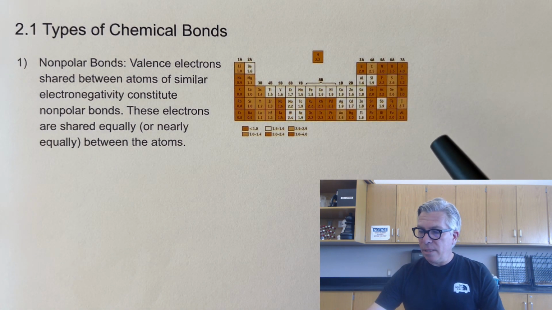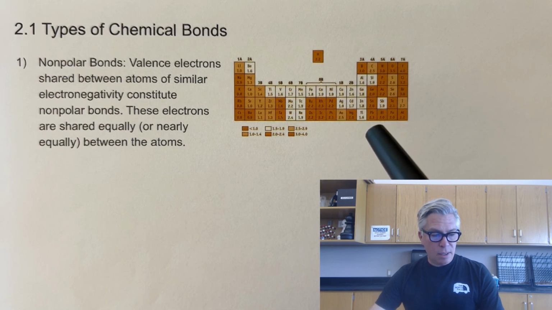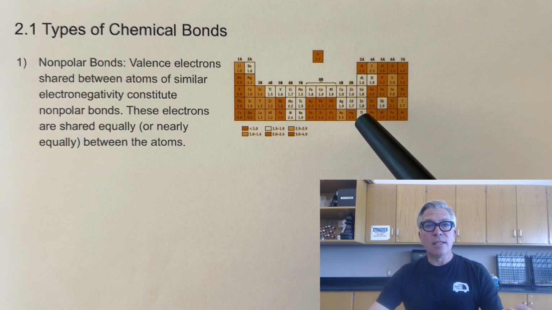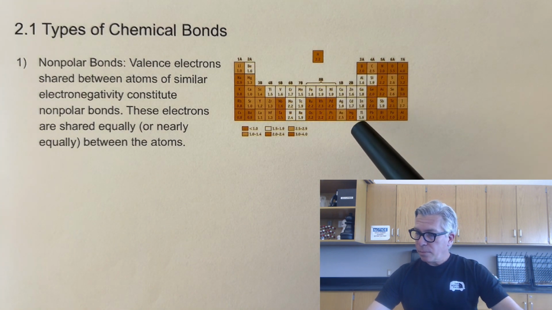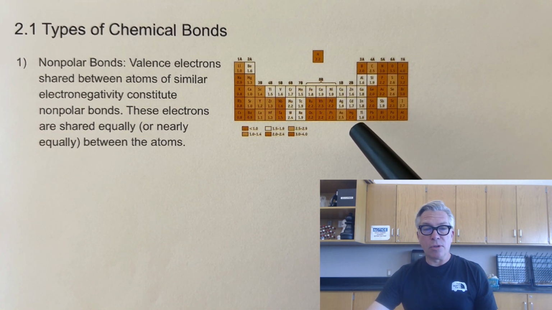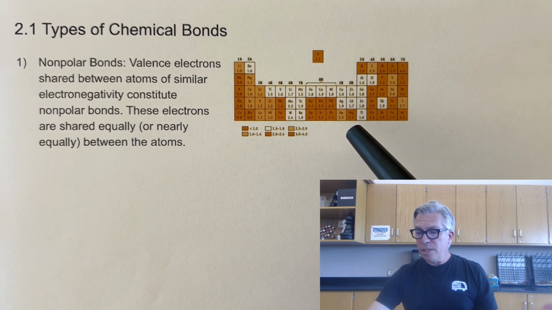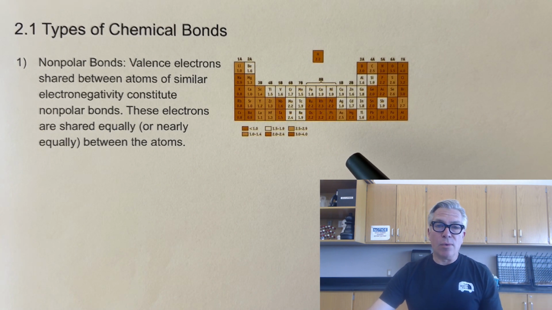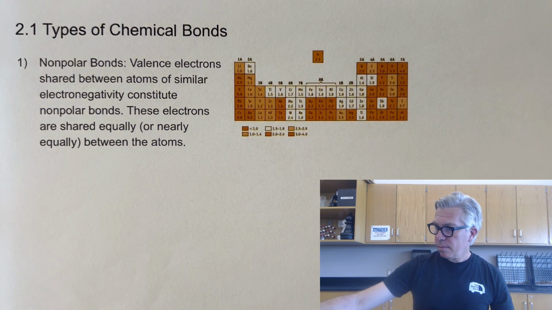And because they're similar in electronegativity, the tendency of electrons to gravitate toward them is similar, so they end up making nonpolar bonds. They kind of share equally between the atoms. And so the electrons being shared hang out in the middle and are not really controlled by one atom more than another. Okay, so that's nonpolar bonds.